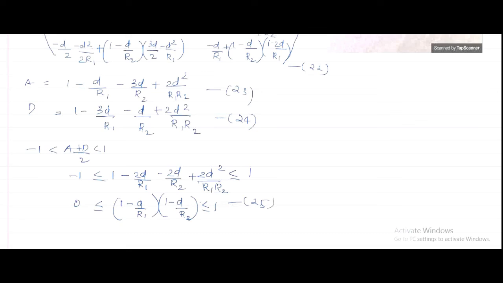Thus, for a resonator to be stable, R1, R2 and d must satisfy the above equation 25.